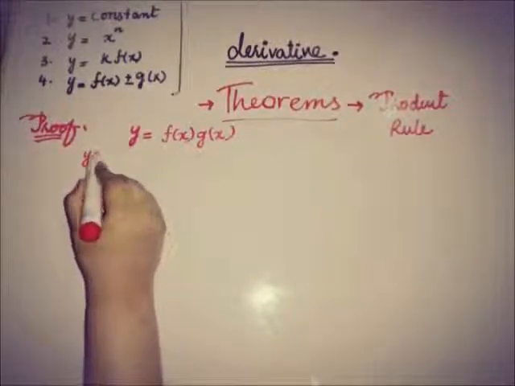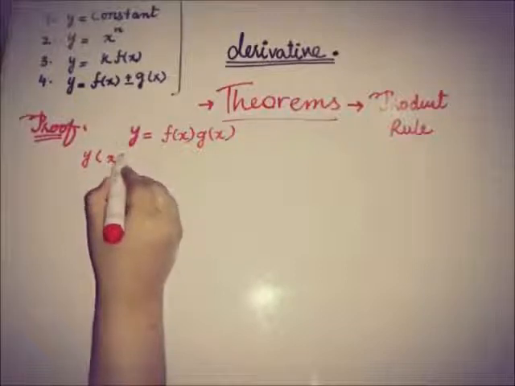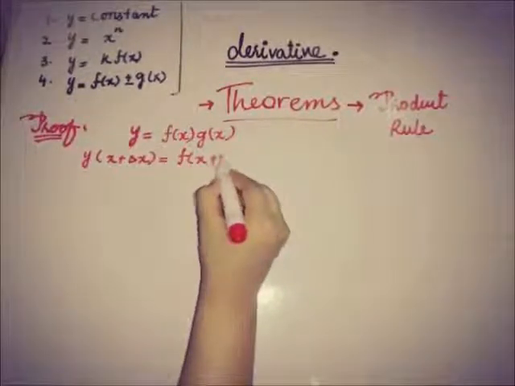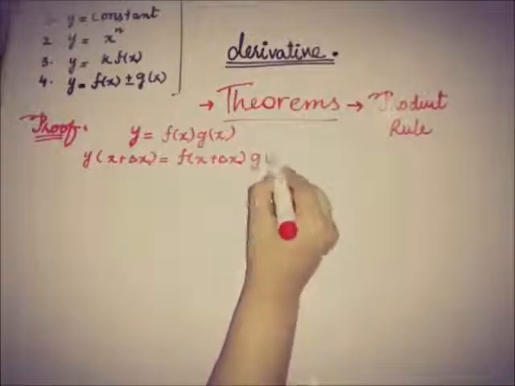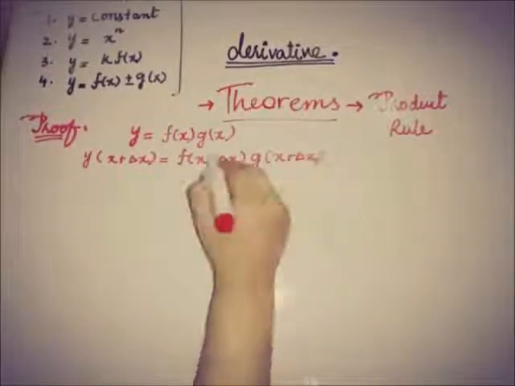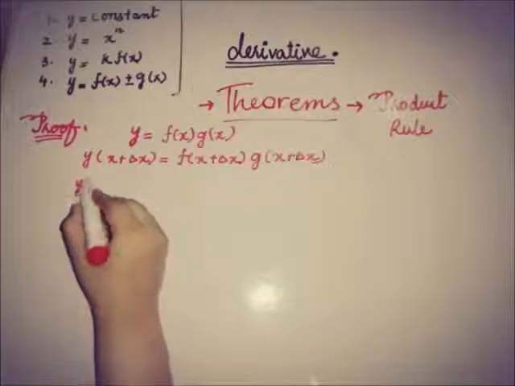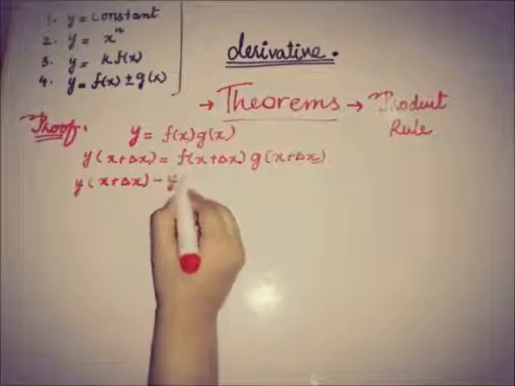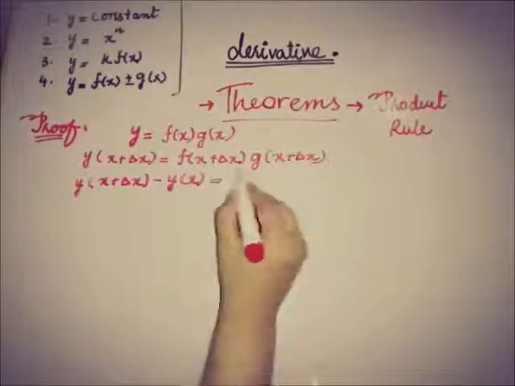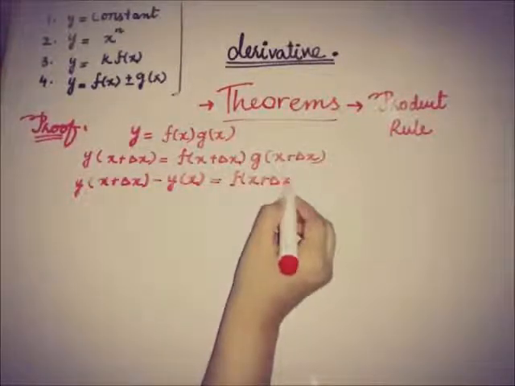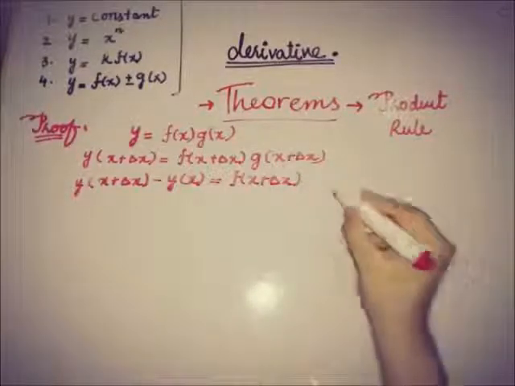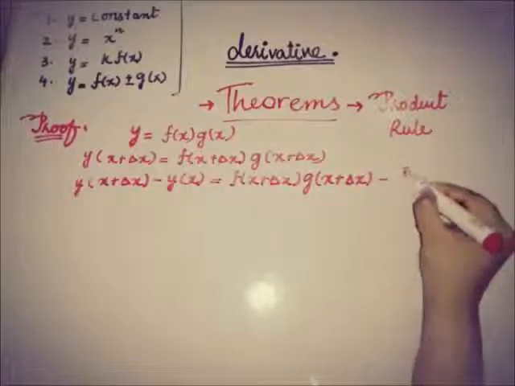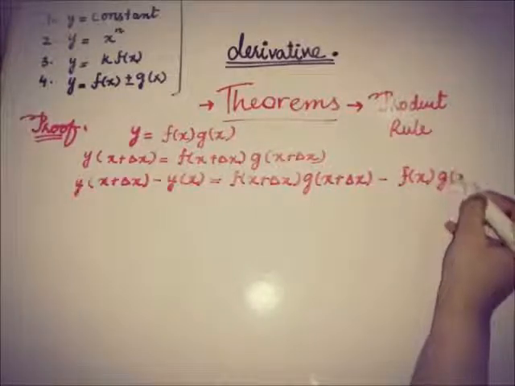Then adding the change, and then subtracting the two terms, we get f of x plus delta x and g of x plus delta x minus f of x and g of x.